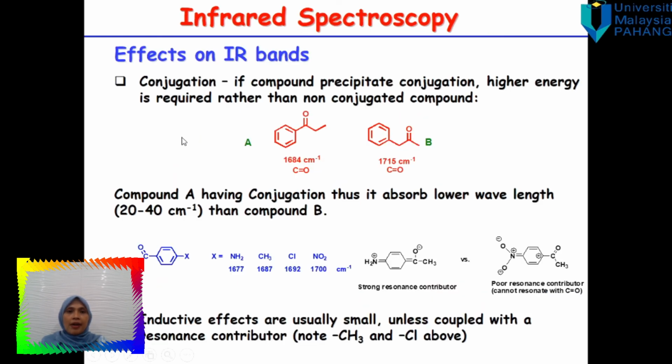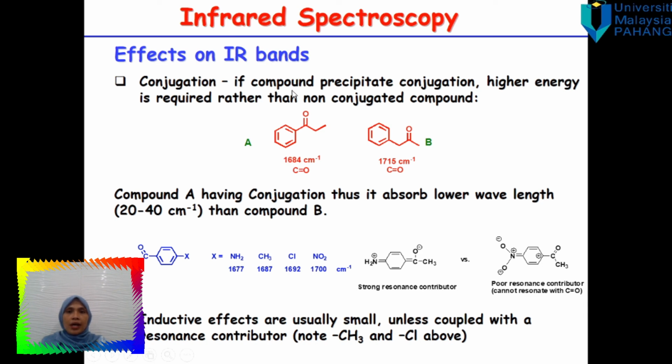So there are different effects on the IR bands, such as conjugation and inductive effect. Conjugation: if a compound is in conjugation, lower energy is required compared with a non-conjugated compound. Comparing these structures, although they have the same structure with a different position of C=O, the value of C=O here is 1715 and this one is 1684.